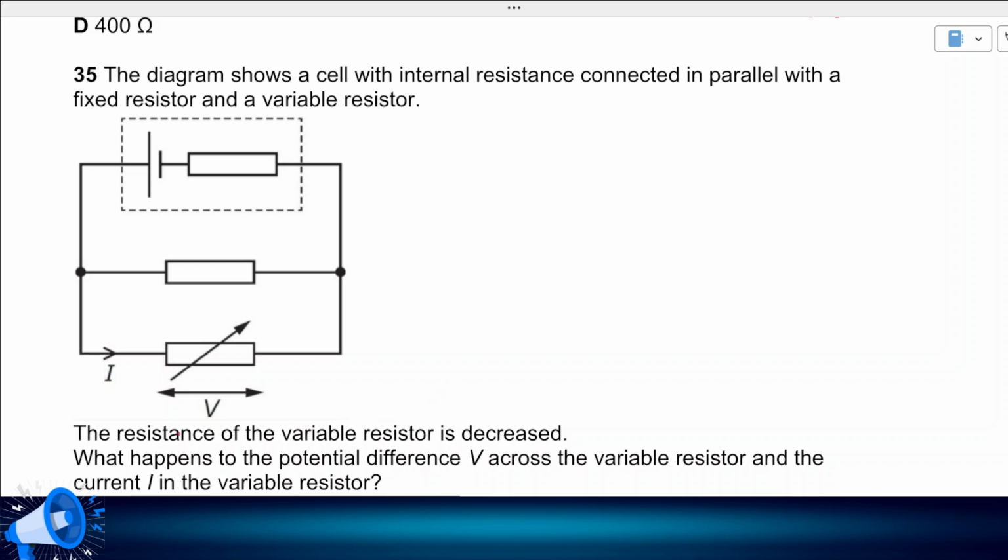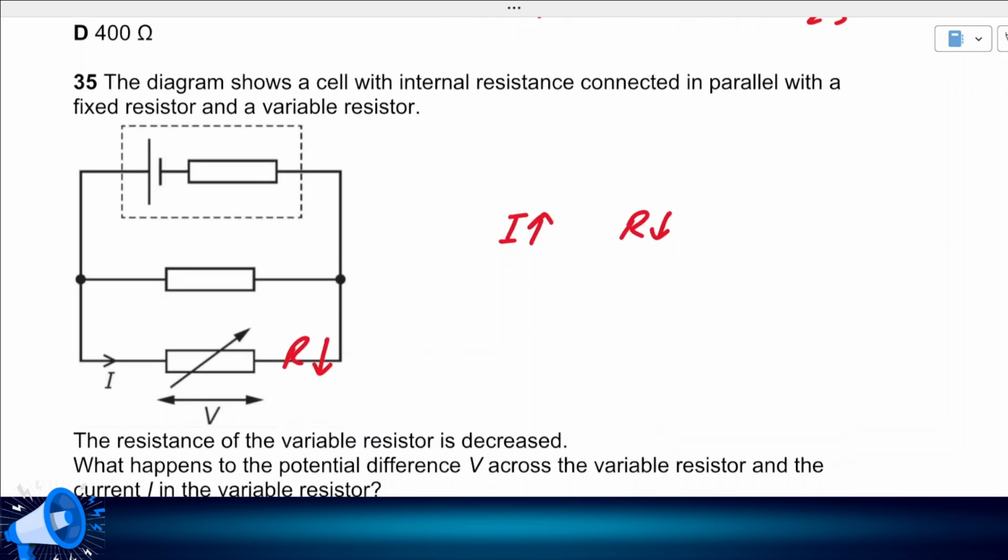Okay, then we have the next one. The resistance of the variable resistor is decreased. So this resistance decreases, the overall current in the circuit would increase, and since this resistance is decreased, the voltage across this one would also decrease.